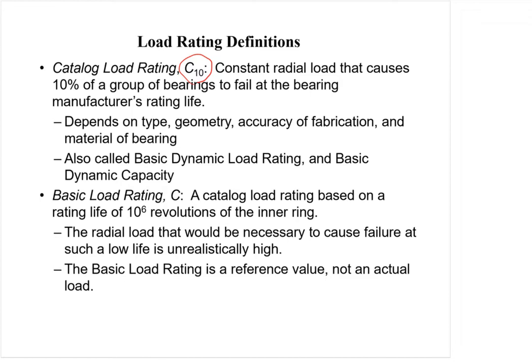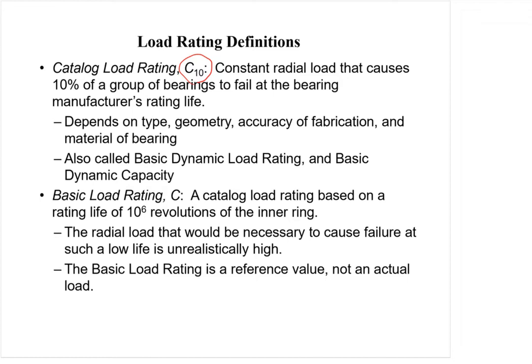So they accelerate the life testing and come up with a catalog load rating based on the accelerated life that they find of these bearings for different radial loads. And they wait for 10% of them to fail at a really high load. And the C10 life is used, you'd never actually subject something to the C10 life load, but you use that to select bearings for a much longer life.